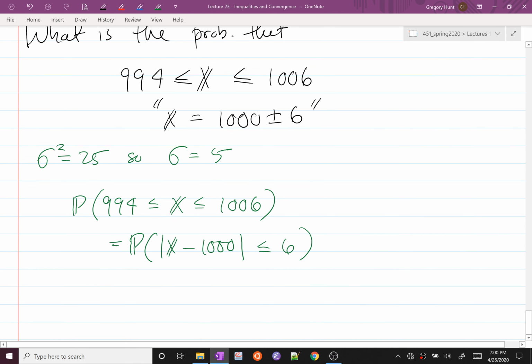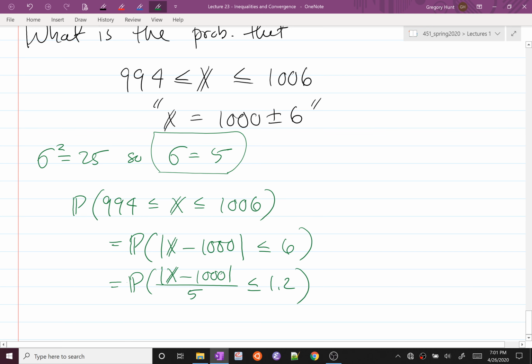This is almost in the form of Chebyshev's. We can divide through by sigma, which is 5: the absolute value of x minus 1,000 divided by 5 is less than or equal to 1.2.